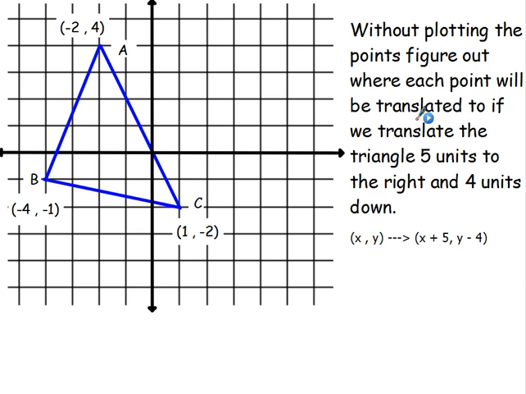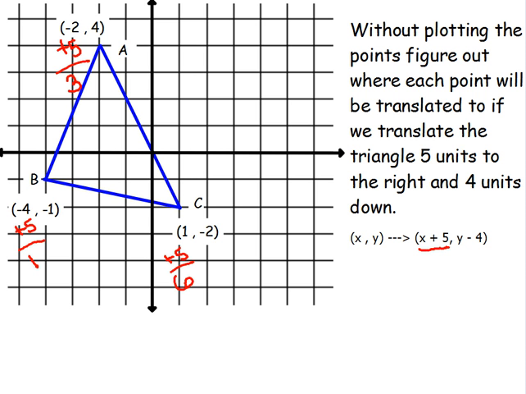So if I add 5 to all the x values, negative 2 plus 5 is positive 3, negative 4 plus 5 is positive 1, and 1 plus 5 is 6. Alright, so I just did all that in red, which was my x value.